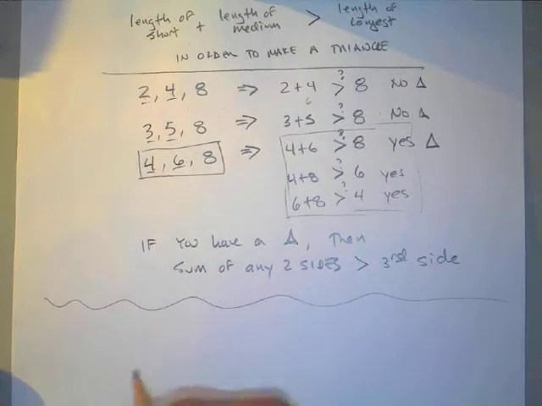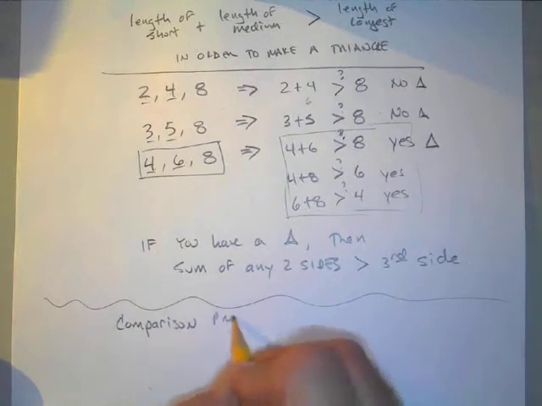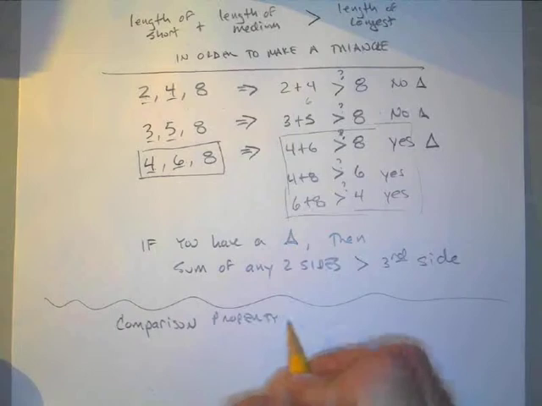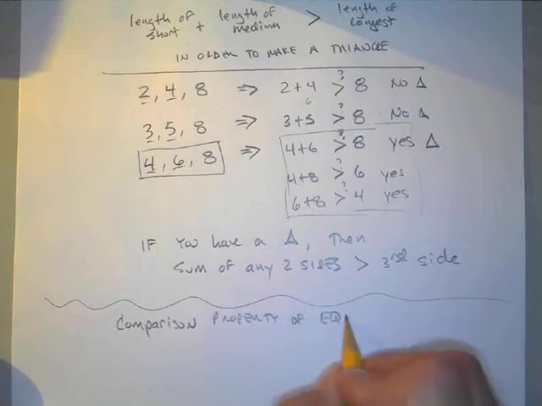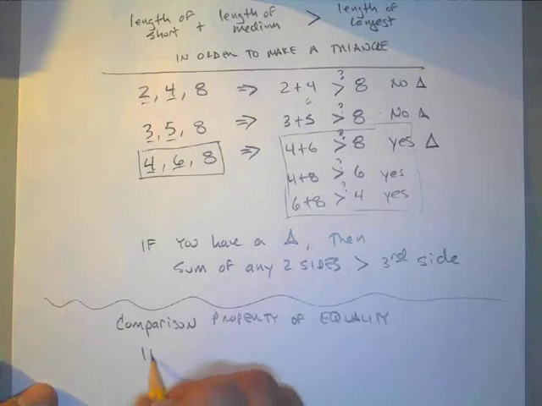Now, there is this thing called the comparison property of equality. And it sounds much worse than it actually is. But it works like this.